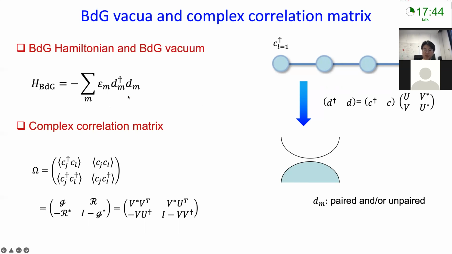For this kind of system, all of the information can be encoded in the two-point correlation function because we can use Wick's theorem to obtain arbitrary multi-point correlation functions. So basically, the correlation matrix has elements being all possible two-point correlation functions, and it can be represented by U and V, and it can fully characterize a BCS system.